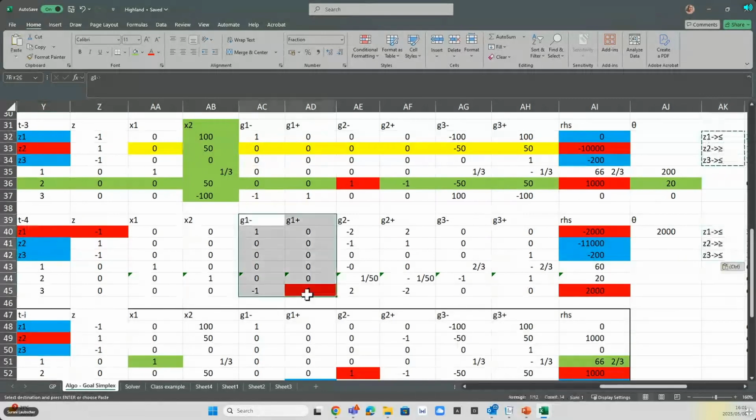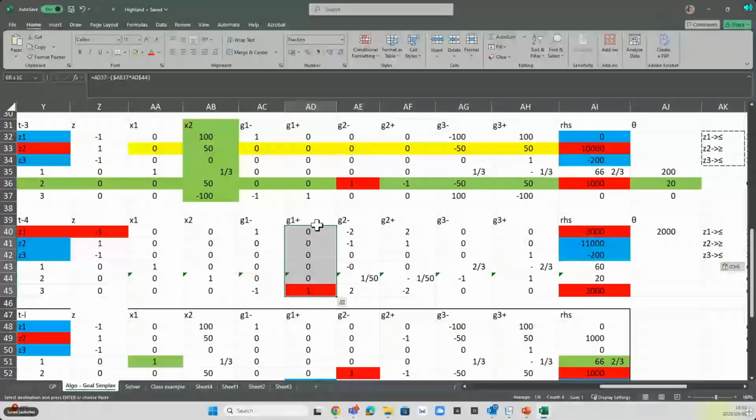Do you see goal 1 is now above by 2,000? Should it be above? Should be less than. So it's not met anymore.